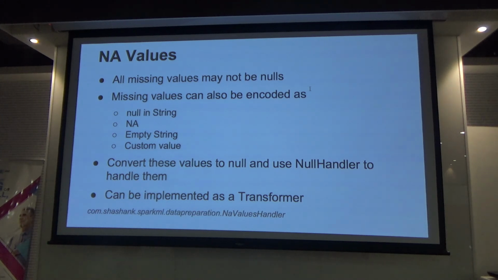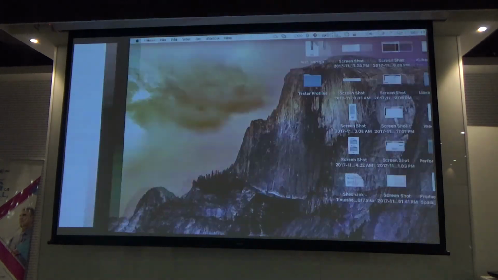So how do you handle that? We create a transformer which converts all these values into nulls, and after that, if we add our null handler stage, it will handle all these values including the nulls in the data set. Let's have a quick look at the NA values handler.